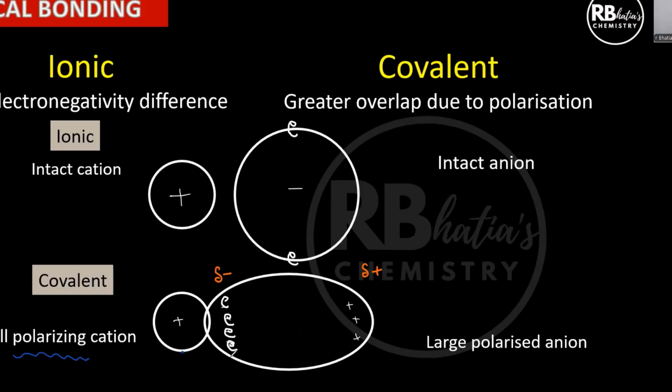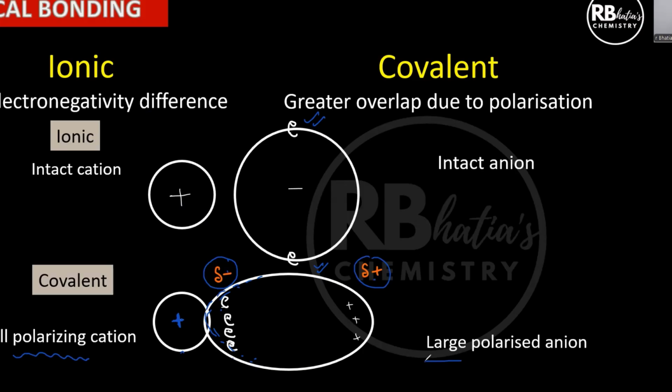That means it can deviate its electron cloud. Electron cloud originally was symmetrical, and now, since this is a small cation, it tends to pull the electron cloud of the neighboring atom towards itself, distorting its symmetrical electron cloud and creating two oppositely charged ends, the partial negative and the partial positive.